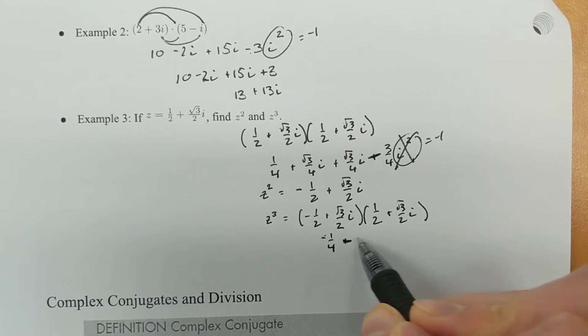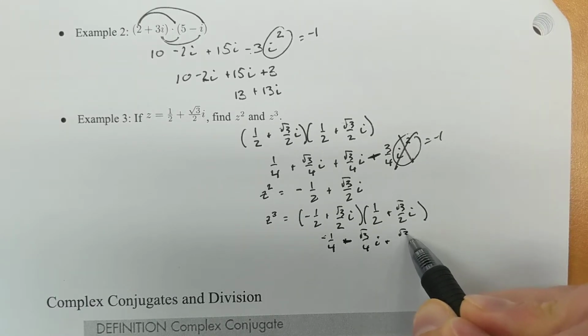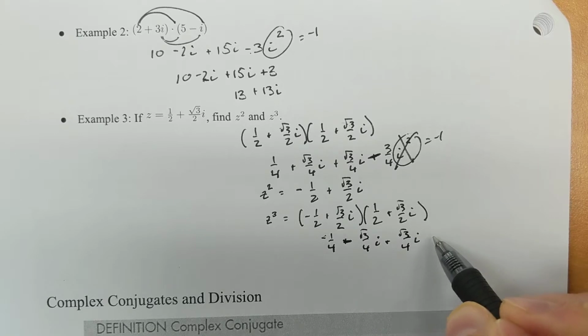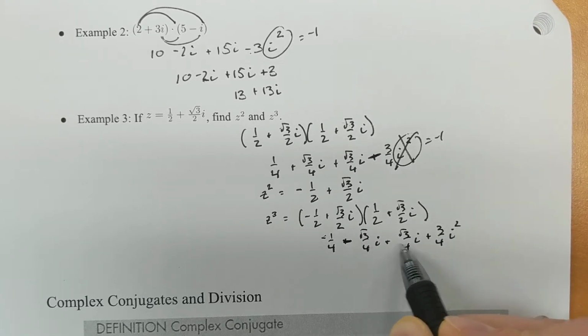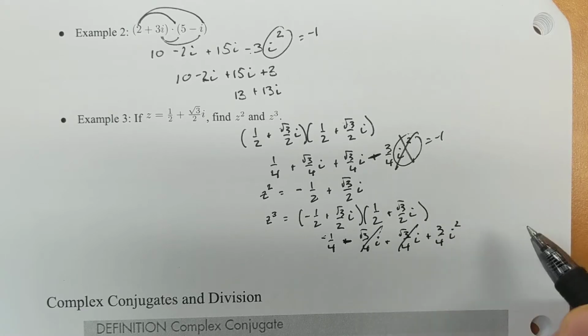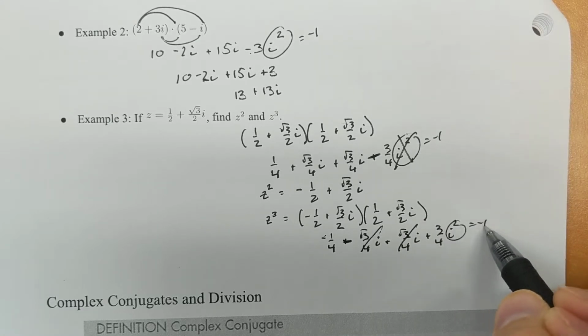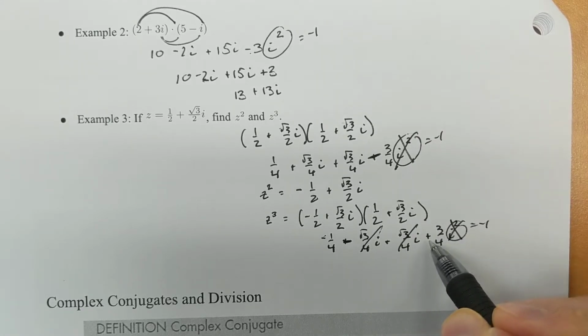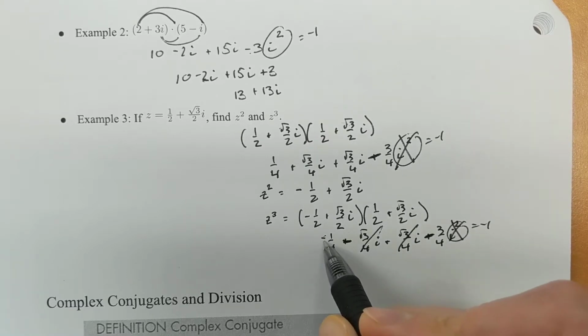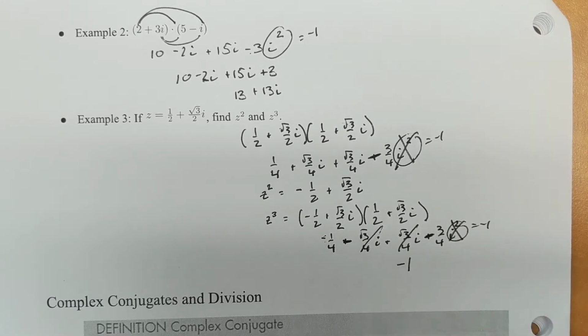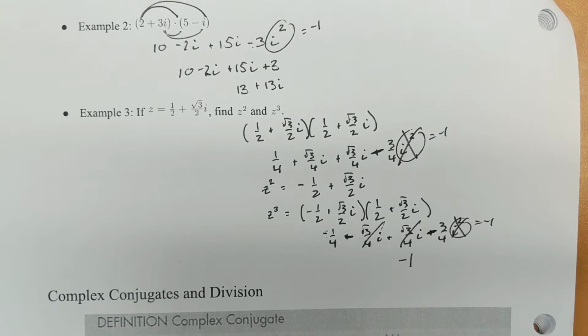Outsides, negative root 3 over 4i. Insides, positive root 3 over 4i. And lasts, positive 3/4 i squared. So these two in the middle will drop because they have opposite signs. This is negative 1, which makes it disappear, and this just becomes a minus. So negative 1/4 minus 3/4 is negative 1.